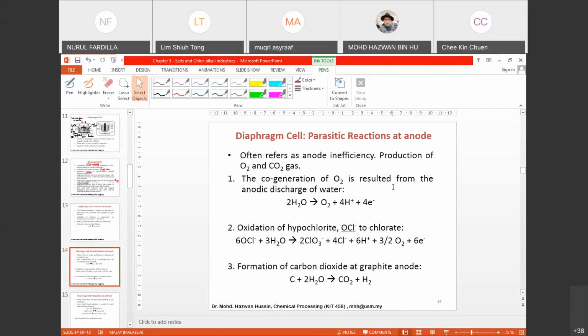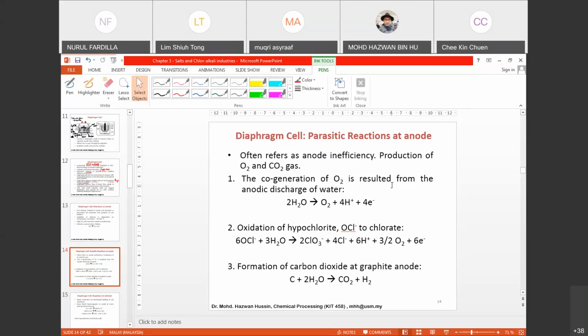Another problem that you will notice for diaphragm cell is parasitic reaction. Parasitic reaction means any side reaction that may occur in the compartment. It is often referred to as anode inefficiency.